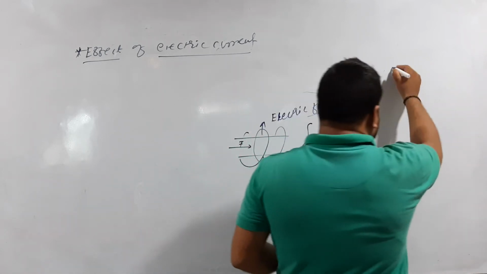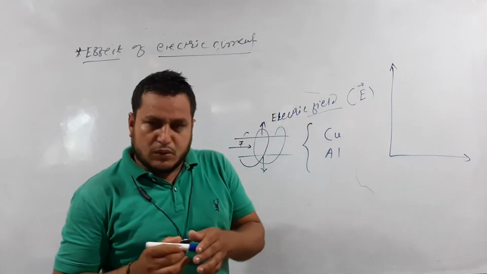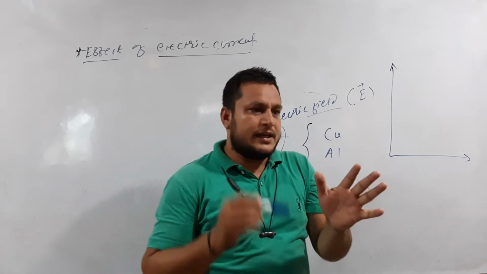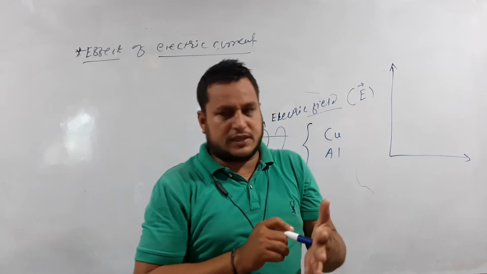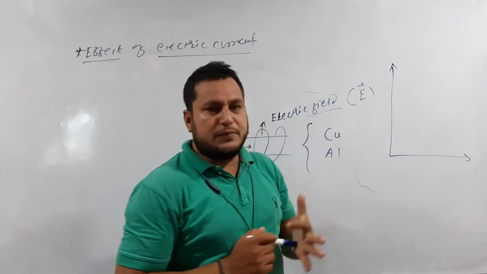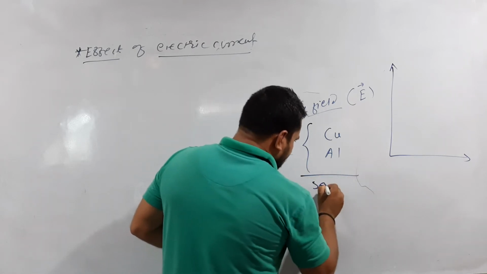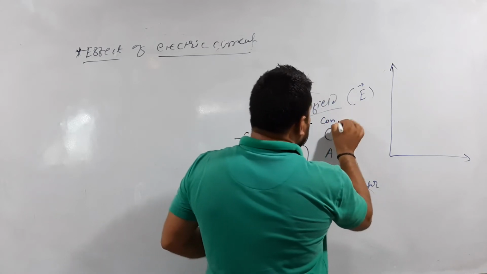कैसे देखा था? किसी भी मटेरियल का, वो इंसुलेटर हो, कंडक्टर हो या सेमीकंडक्टर हो, वो कंडक्टर हो सकता है, सेमीकंडक्टर हो सकता है या इंसुलेटर हो सकता है. Conductor means a good conductor, for example copper and aluminium. Semiconductor means we have another material.